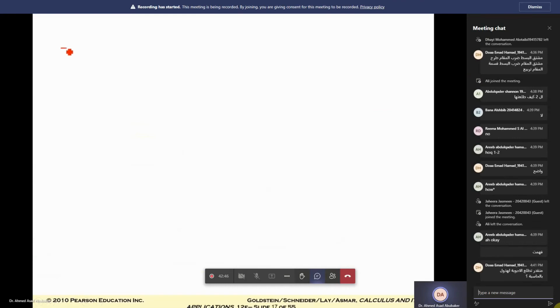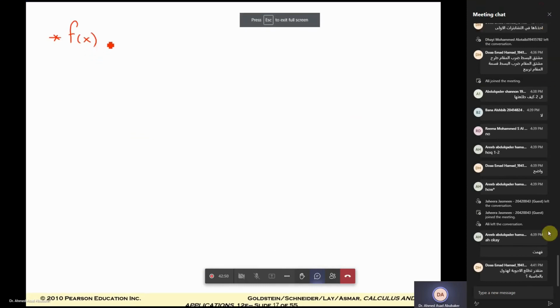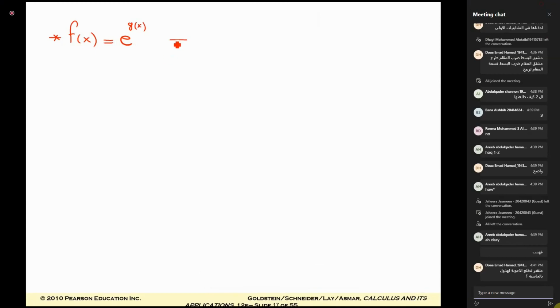So we have another rule. If we have f of x equal e to the power g of x, the first derivative equal, this is the same exponent, okay, multiplied by what? By the derivative of the exponent.